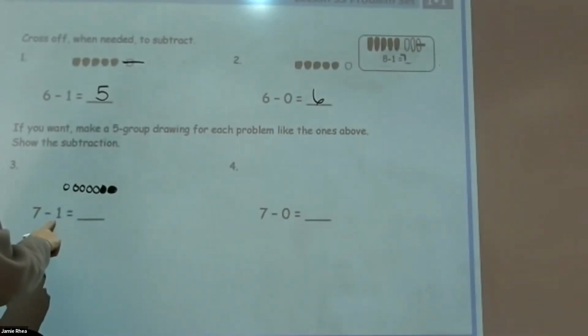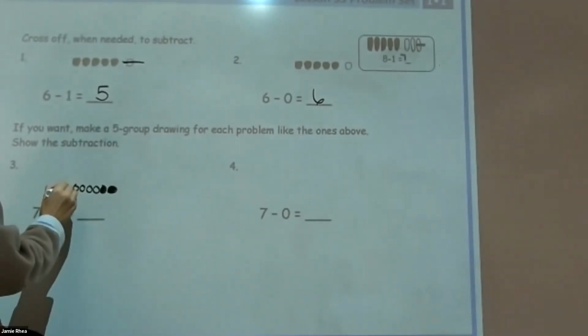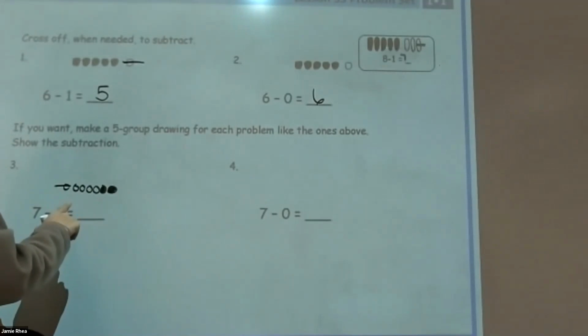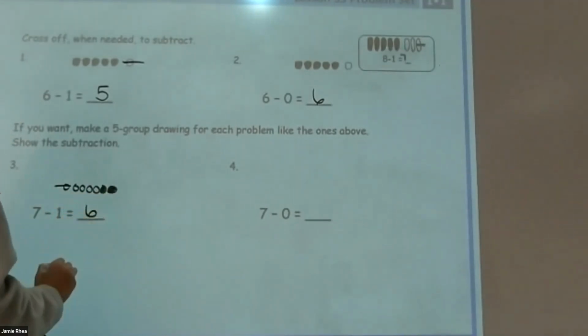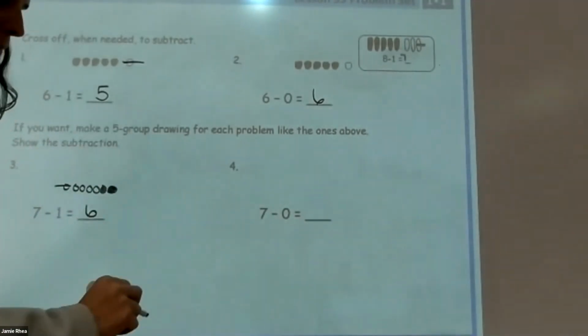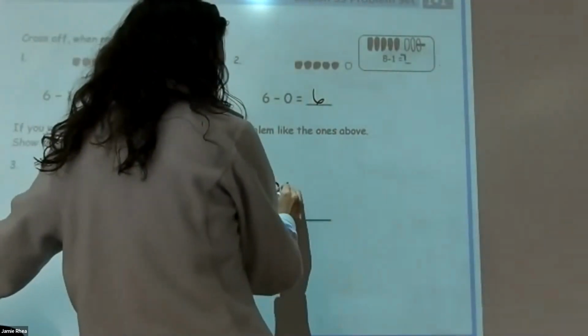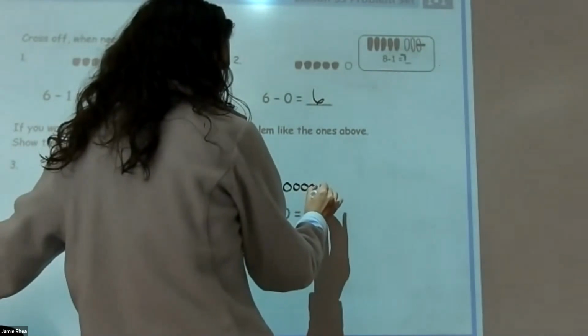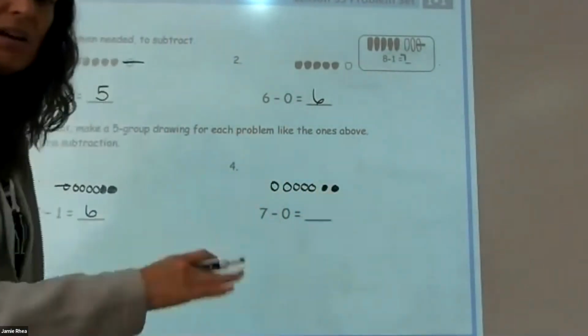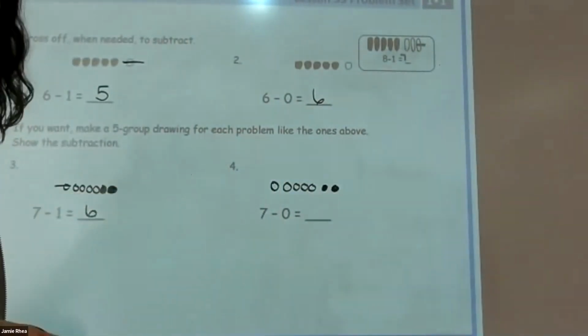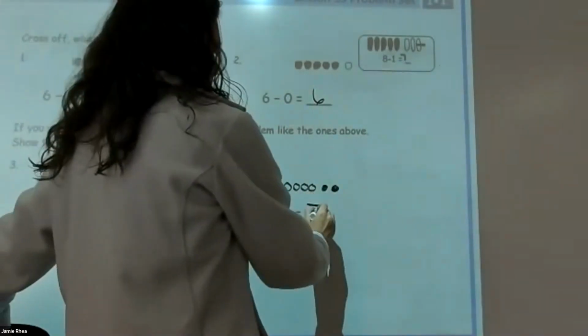Now, how many am I going to take away? Just the 1. How many do I have left? 1, 2, 3, 4, 5, 6. I have 6 left. Now, if I did that same thing over here, 1, 2, 3, 4, 5, 6, and 7, and I take none away, I don't mark out any, how many am I left with? I still have 7, okay?